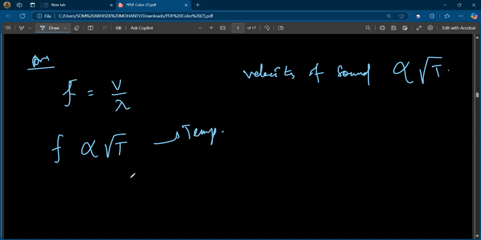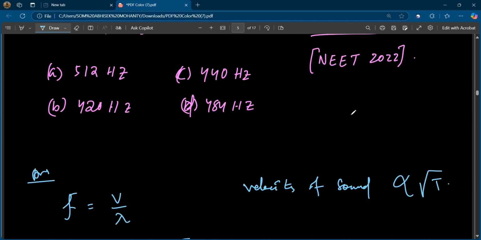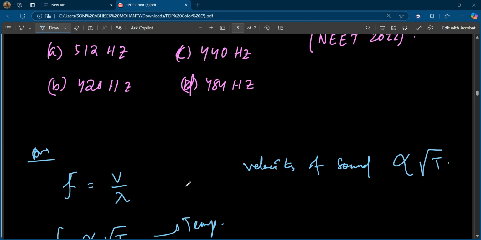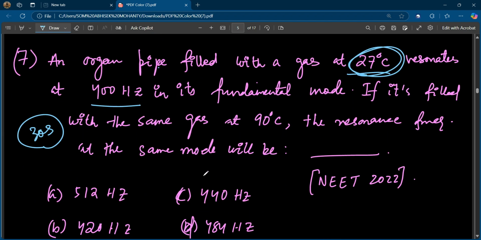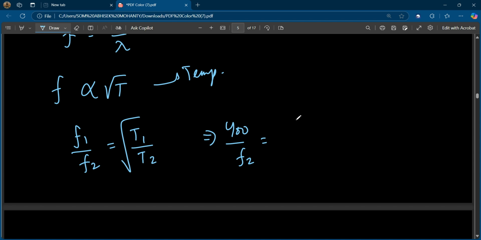So F1 by F2 will be equal to root over T1 by T2. The first frequency is 400, and temperature we have to convert into Kelvin: 27 is 300 Kelvin, and 90 is 363. So 300 by 363.